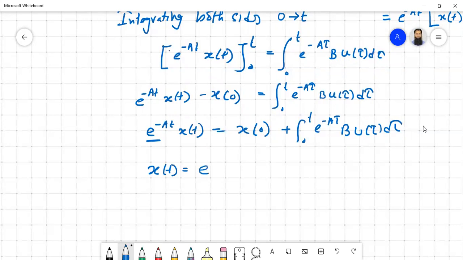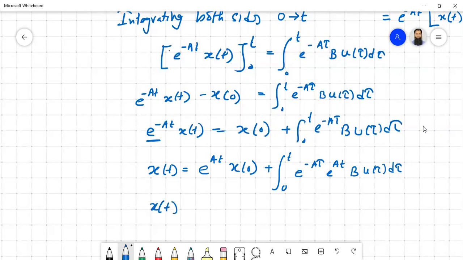So it will be plus e to the power a t x0, then plus integration 0 to t e to the power minus a tau, then you have e to the power a t, then you have b u tau d tau. So xt, the other parameters are remaining same.